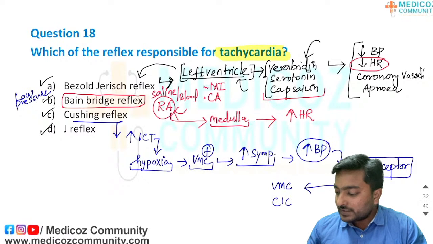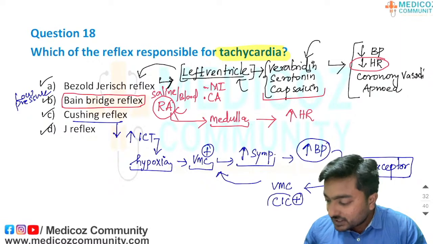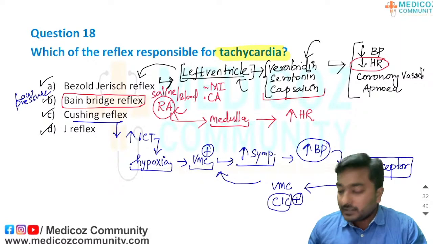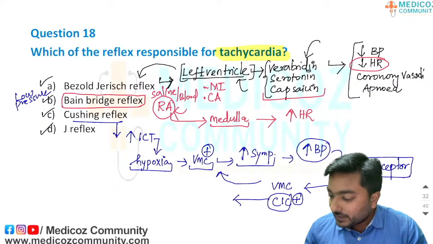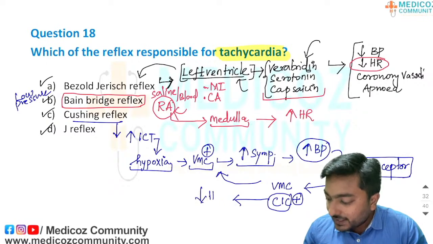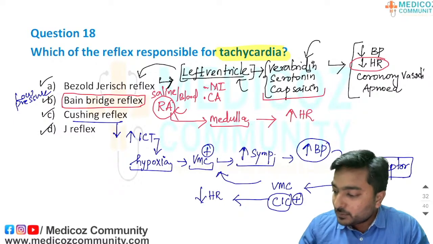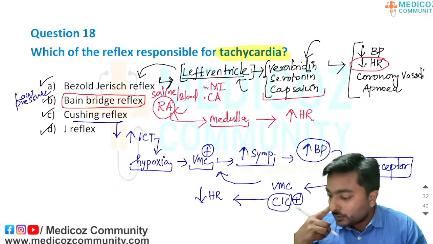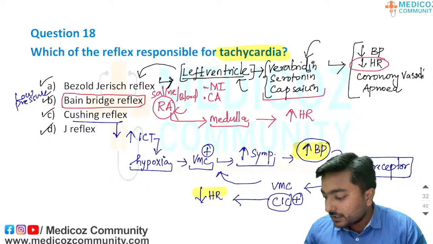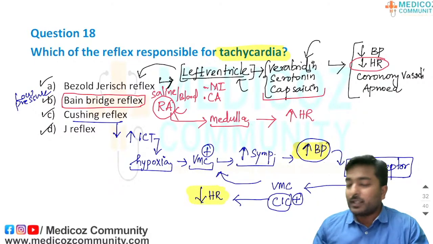Since the vasomotor center is already activated, the only possibility for this increased baroreceptor discharge is activation of the cardioinhibitory center. When this gets activated, it will cause reflex bradycardia. So the response you will get in the Cushing reflex is increased blood pressure, hypertension, and for that you will get a reflex bradycardia.